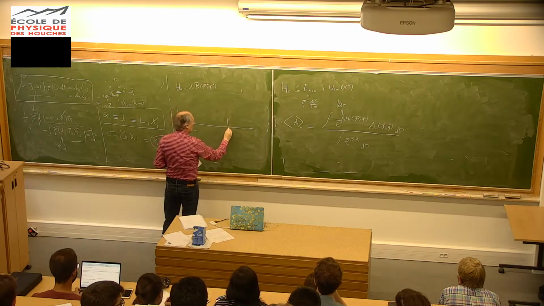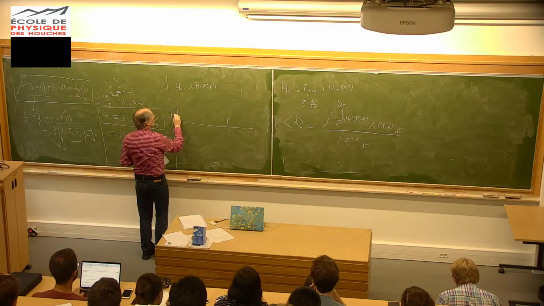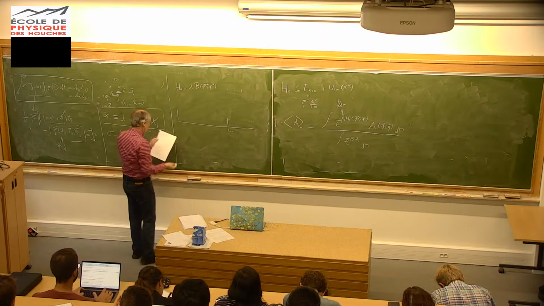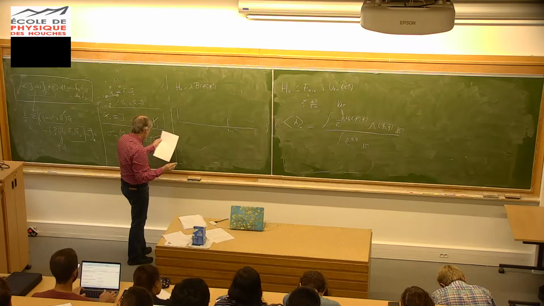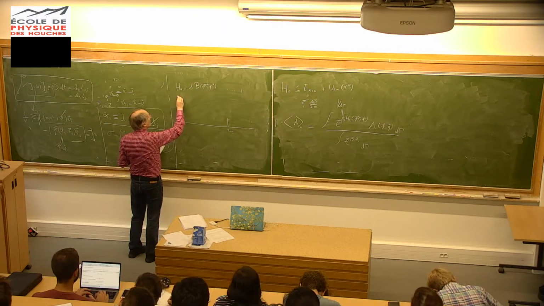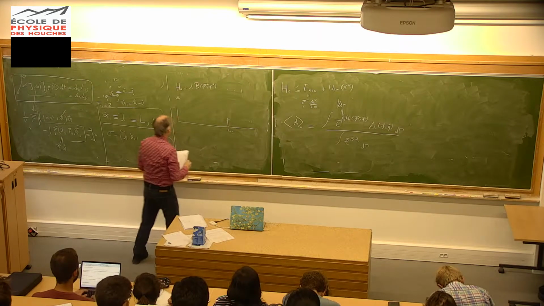I say I want to look at the system at this time t equals 0, and I switch on my perturbation at t equals minus infinity, which is a long time ago, and then I look at how, for instance, another observable A, which I have written down here, how that observable A changes.